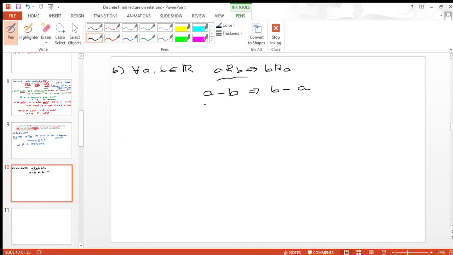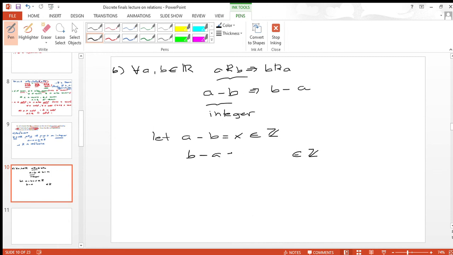If this is an integer, let's say we let A minus B equals X, where X is an element of the set of integers. What we want to show is that B minus A must also be an integer.